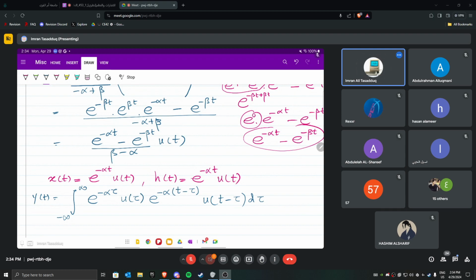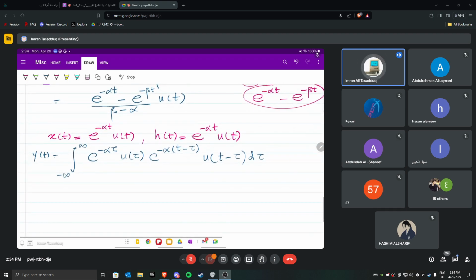d tau. Okay. So then this is equal to, again, the limits are the same, from 0 to t. So it's 0 to t, e to the power minus alpha tau, and the second one is e to the power minus alpha t plus alpha tau, d tau.